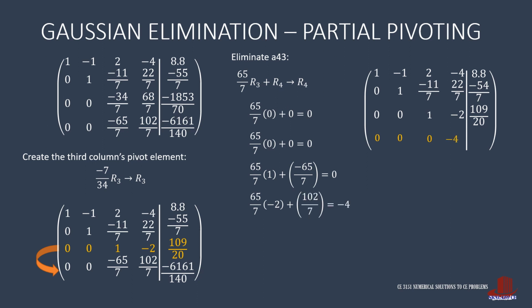Next is 65 over 7 of negative 2 plus 102 over 7, resulting to negative 4. The last element has 65 over 7 times 109 over 20 plus negative 6,161 over 140, which becomes 33/5.